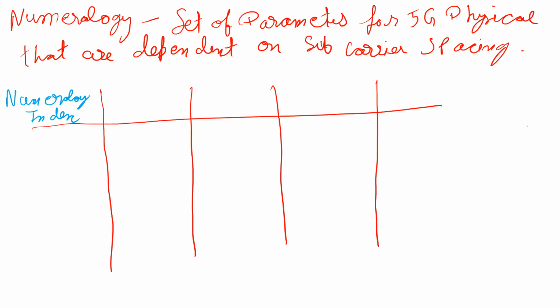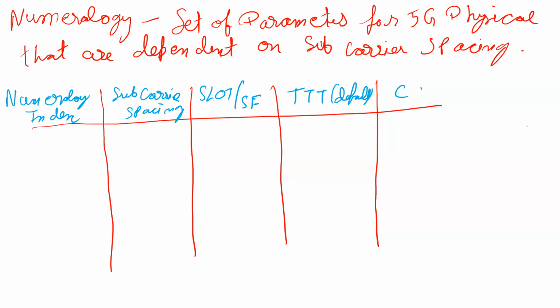Here you can write the subcarrier spacing. Here you can write the slots per subframe. Here you can write the TTI, default TTI, right? And here you can write the cyclic prefix. So all these parameters are affected by the numerology.